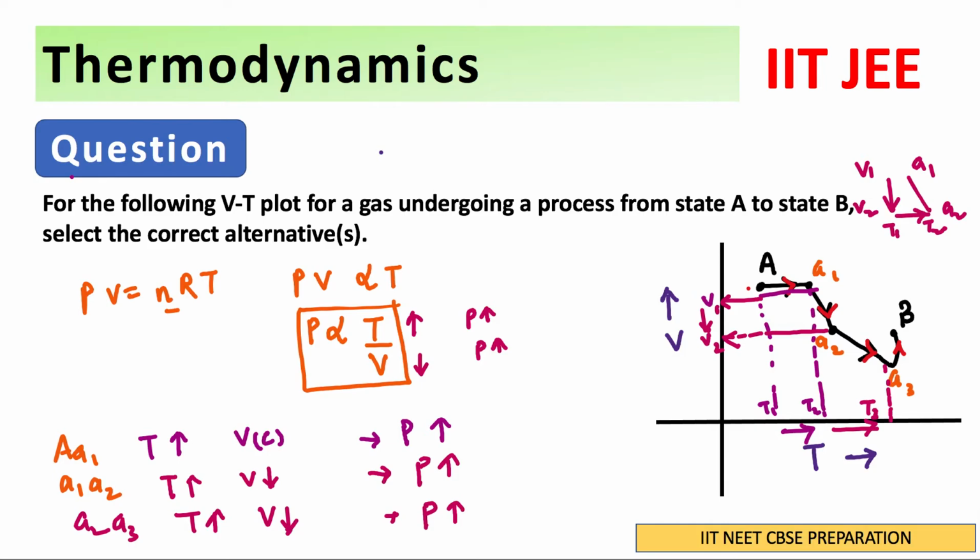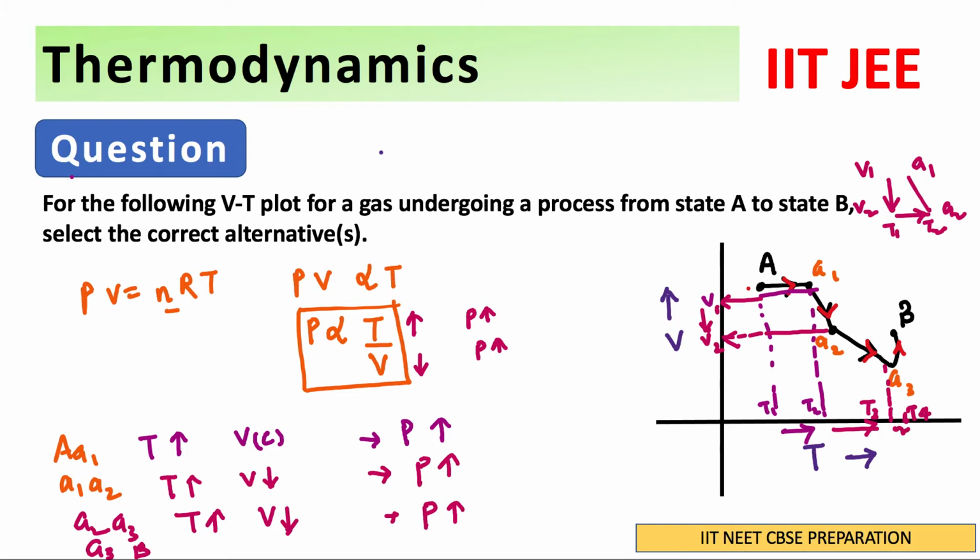And the last part is A3B. So let's write down for A3B also. What is happening? Temperature is not increasing that much. It is increasing, say some T4 it has reached here, but it is a very small value.